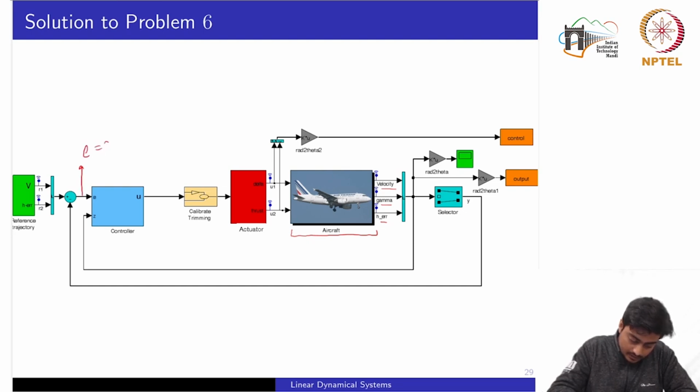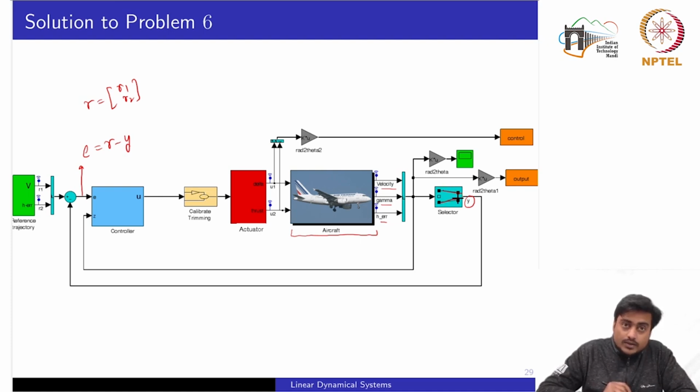This is the error signal r minus y, where these r are the reference trajectories r1, r2, and here we are taking the y by taking only the first output and the third output. Okay, so from here we compute this error signal, and this input to the controller is z, which is nothing but equal to x. Okay, because C is the identity matrix.